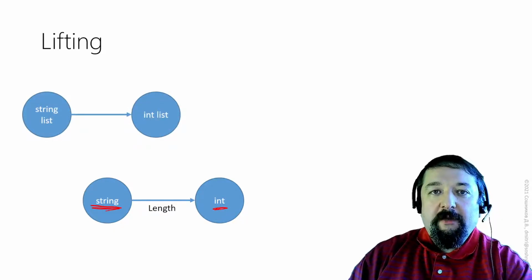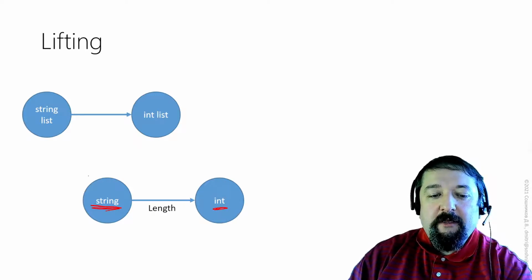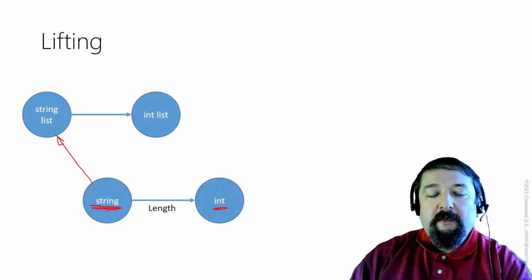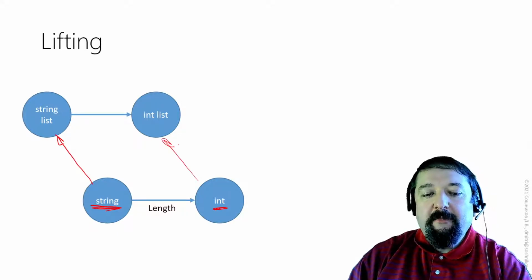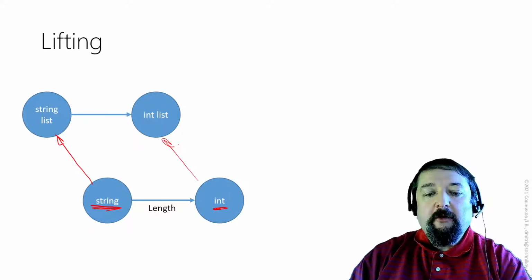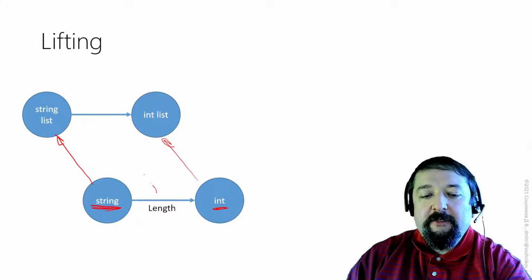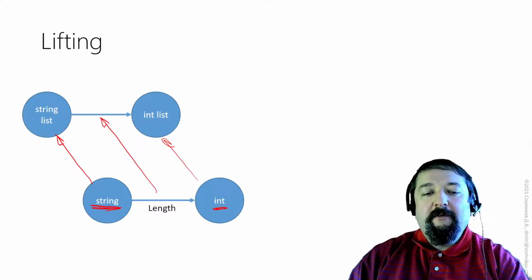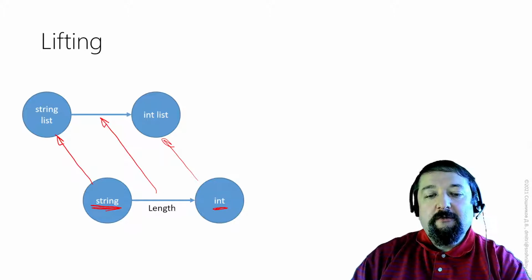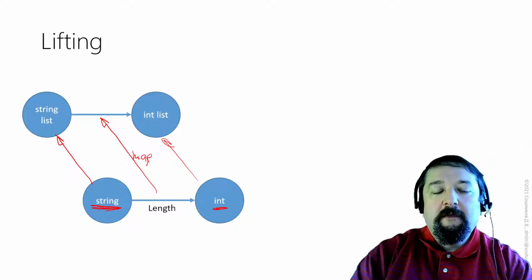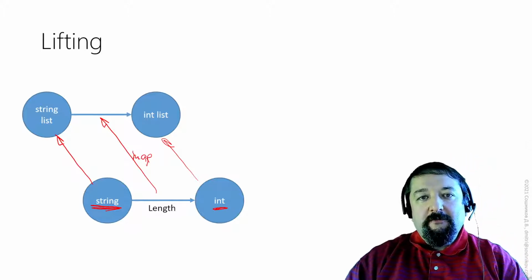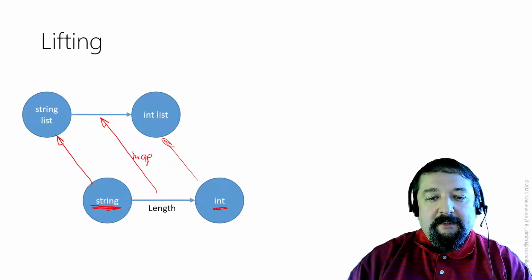For each type in our programming language, for string, we have the corresponding list type, list of string. And for int, we have the corresponding type, list of int. Automatically, by applying the map function to length, we will get the function which maps from string list to int list. So map allows us to lift the function length from the domain of strings into the domain of string lists.